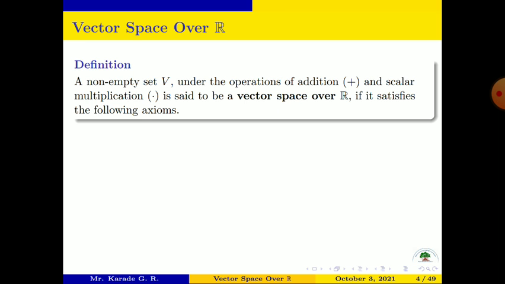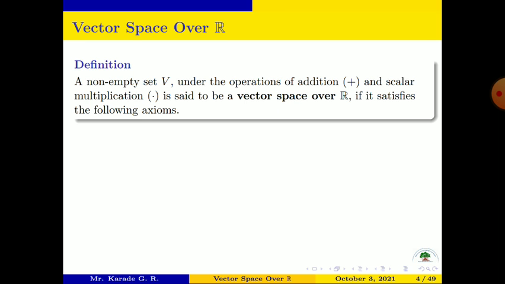Addition here is not the usual addition of numbers; it is just a name, and we will define that addition in different ways in different vector spaces, in different instances. And scalar multiplication is nothing but multiplication of a scalar with a vector, which we will define in different ways.